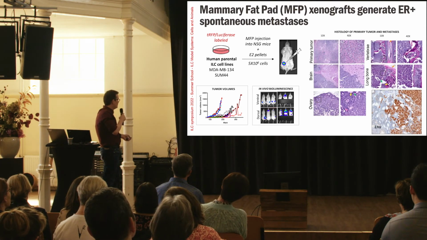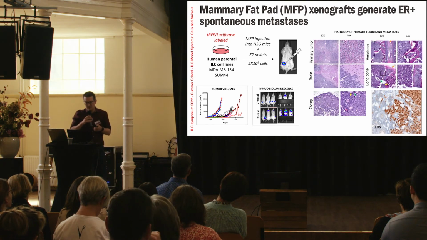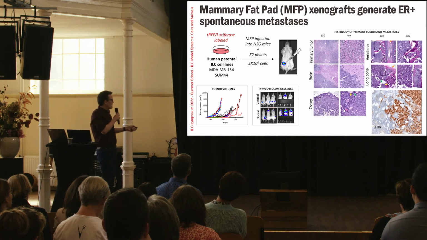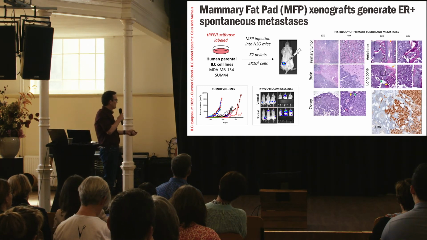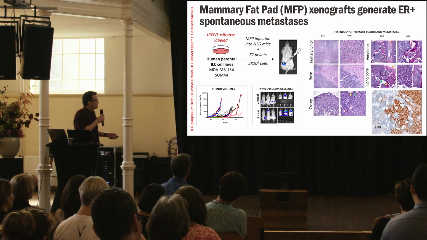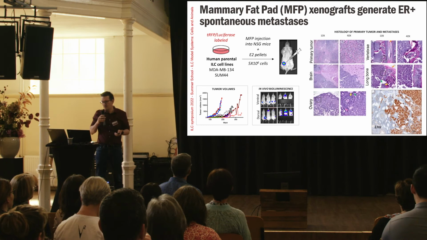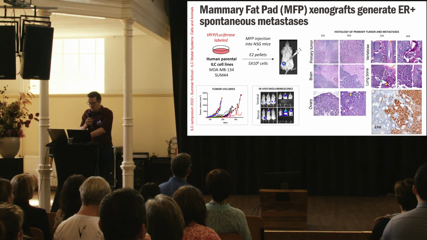What I mentioned before, it really takes up to a year to develop tumors and metastases out of these models. And here you can see they are able to detect metastases at different sites, in brain. And this is the histology of these metastases. Some of these tumors retain the estrogen receptor positivity as they metastasize, which is a very interesting feature.